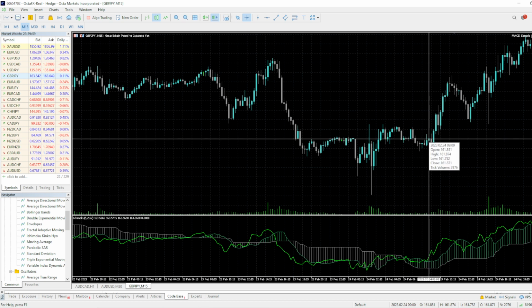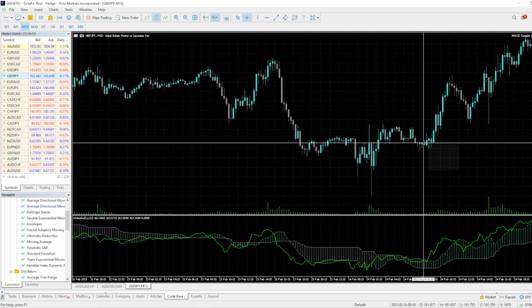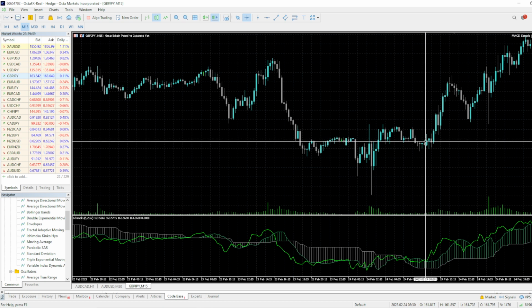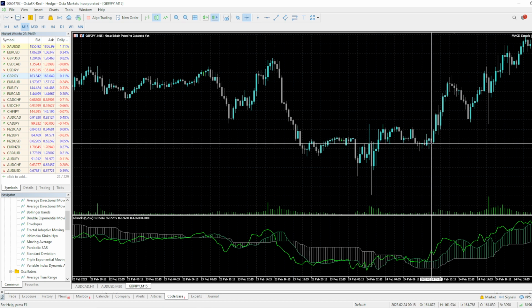When you take a buy, it doesn't matter if it's 15 minute, 30 minute, whatever it is, you can use any time frame. So when you take a buy here, take a look how the market gives you pips.